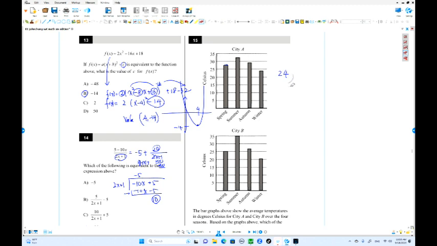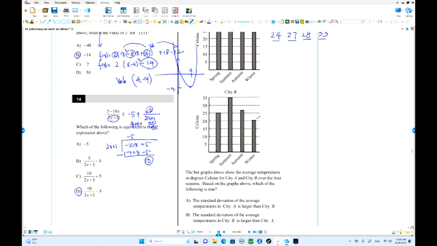The next one is 27, and the next one is 28, and the next one is 33, something like that. Second, city B: the lowest temperature is 21. The next one is 25. The next one is 27, and the next one is 35.